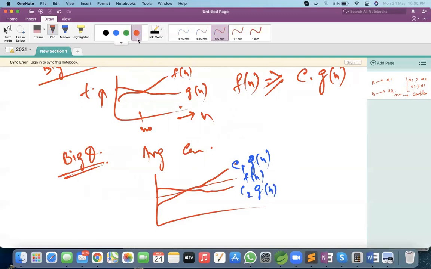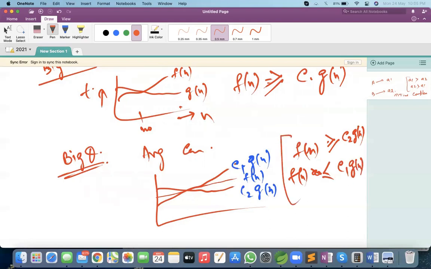It means we will have an equation where f(n) is greater than or equal to C2 of g(n), and f(n) is less than or equal to C1 of g(n).